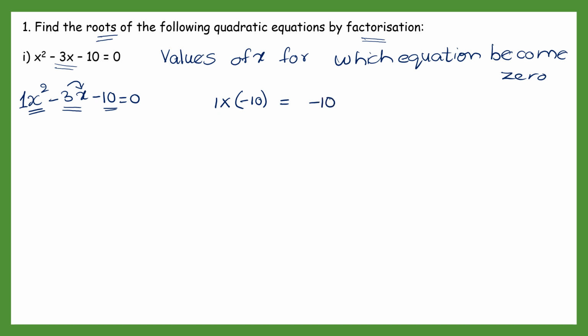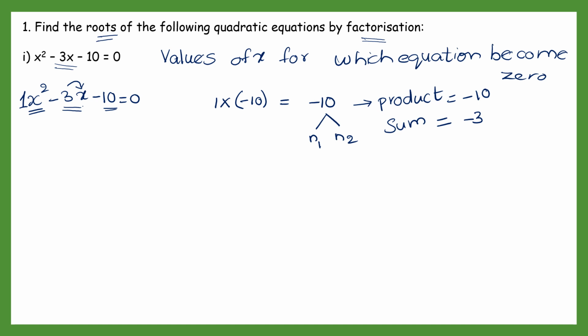Now, you should split this minus 10 into two numbers, n1 and n2, such that the product of the two numbers should be equal to minus 10 and the sum of the two numbers n1 and n2 should be equal to the coefficient of the middle term. The middle term is minus 3x. The coefficient of x is minus 3. So the sum should be equal to minus 3.